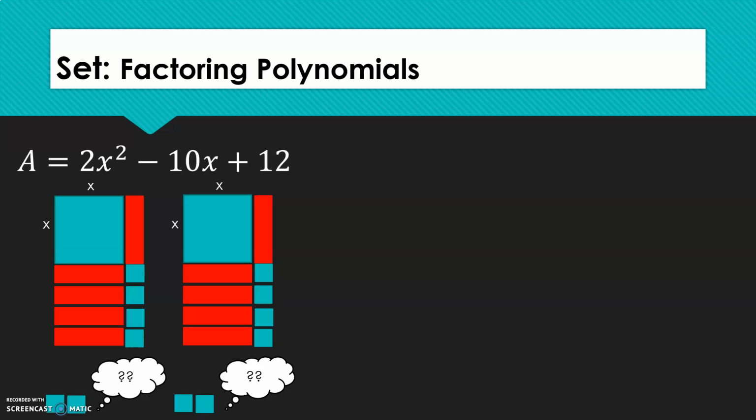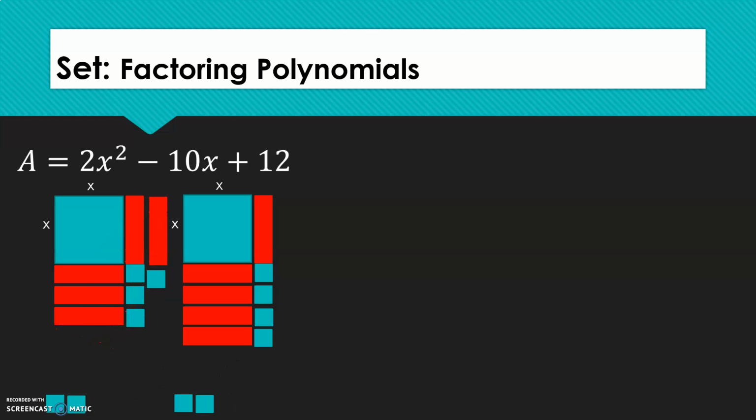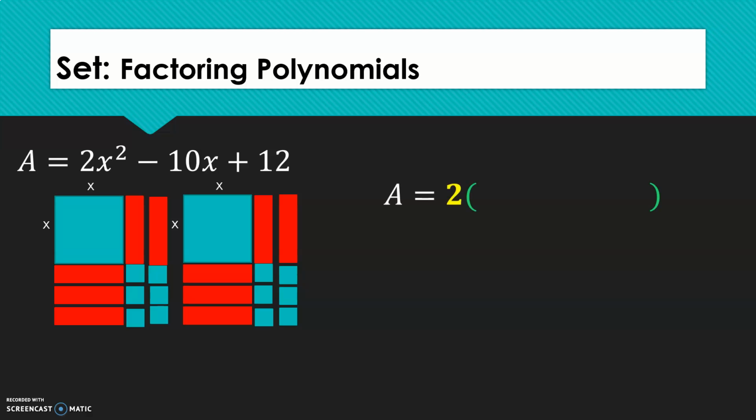I need to rearrange so that I can put these positive 1s into the rectangle as well. Now we have 2 equal rectangles. The top of each has x minus 2, and the side has x minus 3.